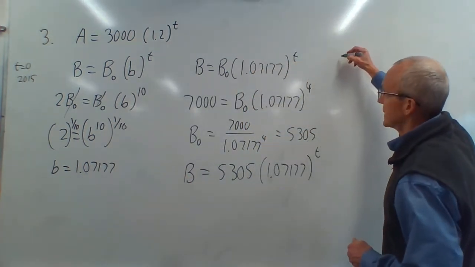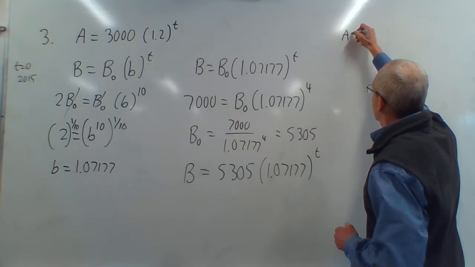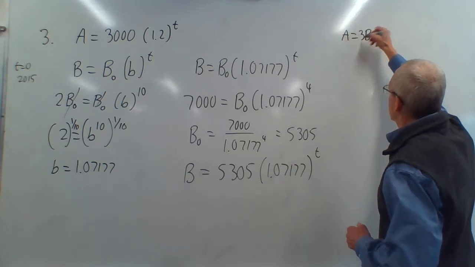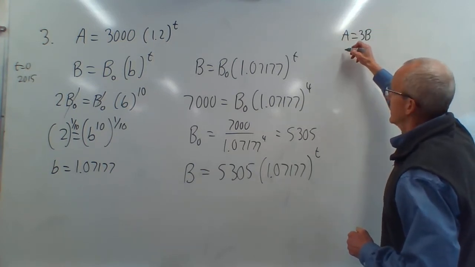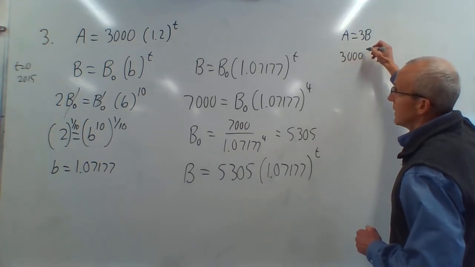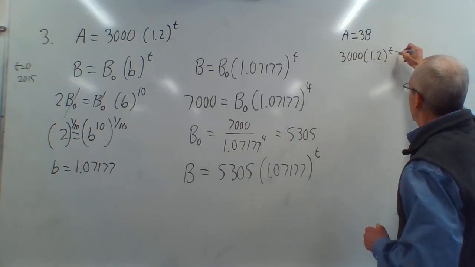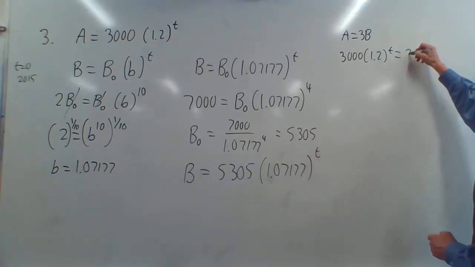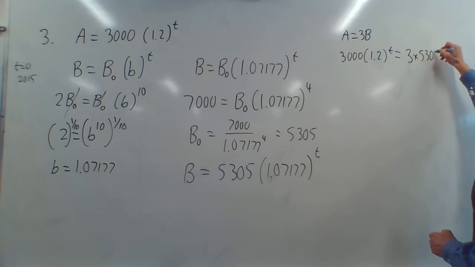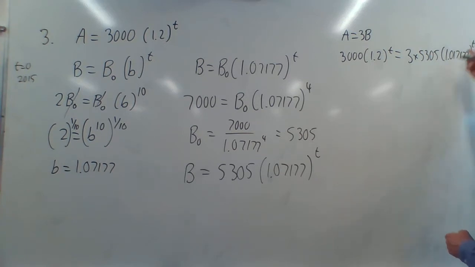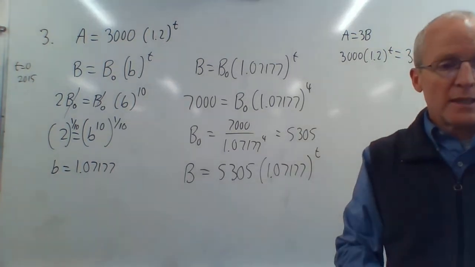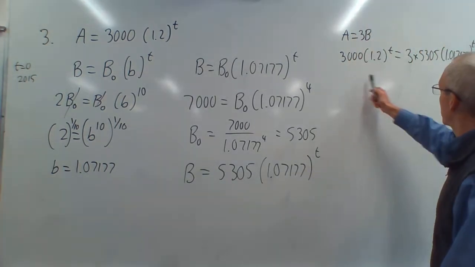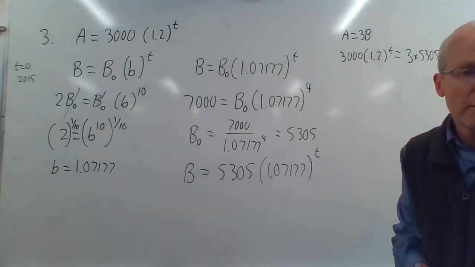So the last step is we say A is equal to 3 times what B is. A is 3,000 times 1.2 to the T, equals 3 times 5,305 times 1.07177 to the T. We need to know T. So we put the 3,000 on the other side.